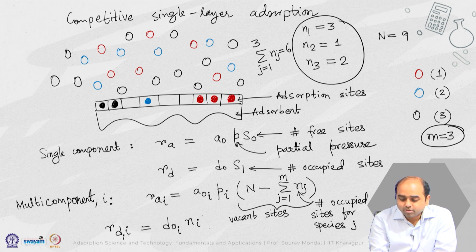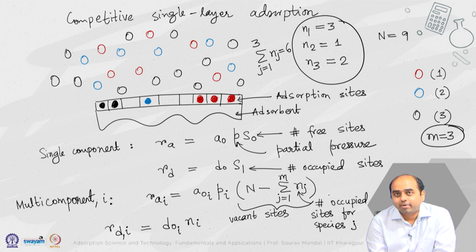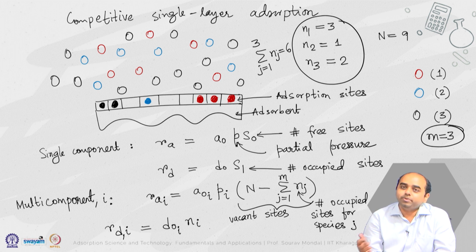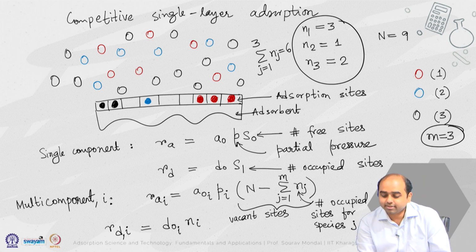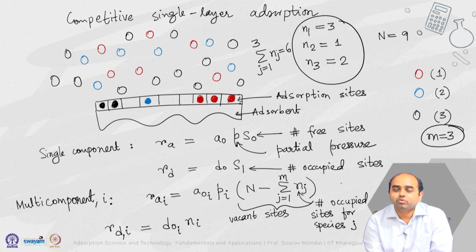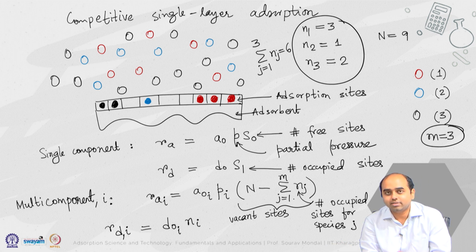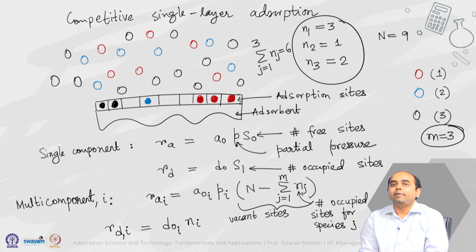Please note that I have written n_i here, because we are writing for the ith species, whereas when we were summing it up I wrote a different index j, so as not to confuse ourselves. j could be equal to i, but we have written it as a separate summation index, so that j varies from 1 to all the species. For any ith species this is what you get, the number of vacant sites comes from the number of occupied sites by all the species.